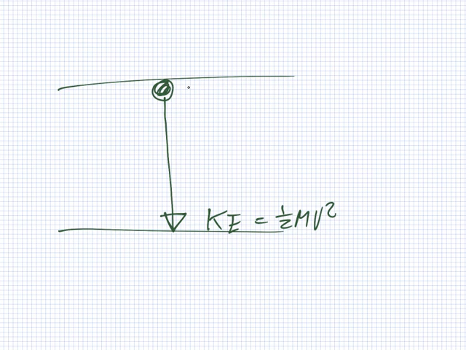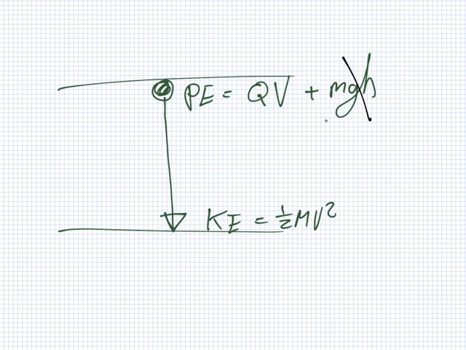And what energy does it have up here? It has potential energy, which we said earlier was what formula? QEd, or because it's at the top, QV. Now, because it's vertically moving, technically it also has potential energy from gravity. However, often we do not consider this because it is so small compared to this.